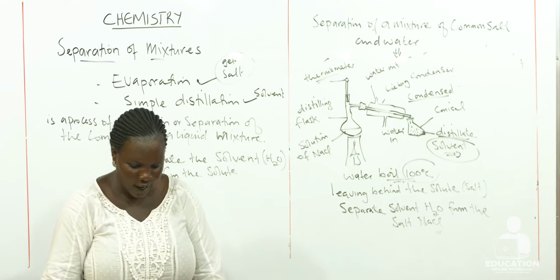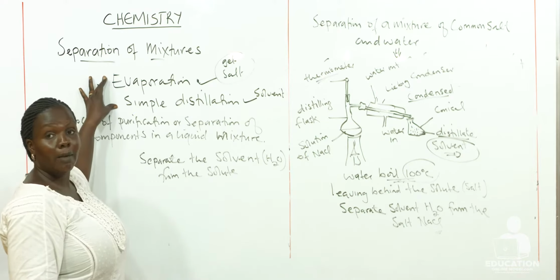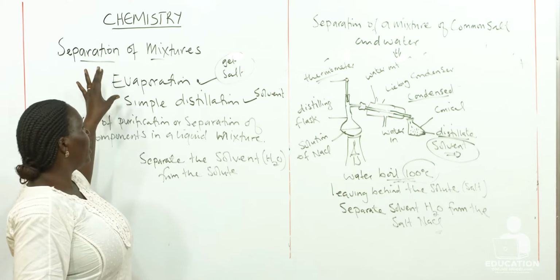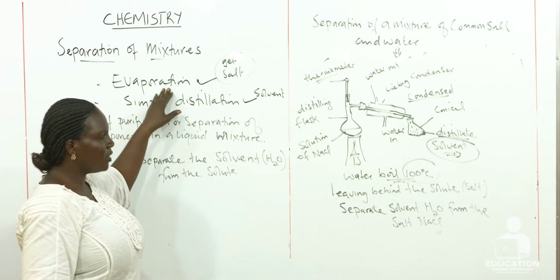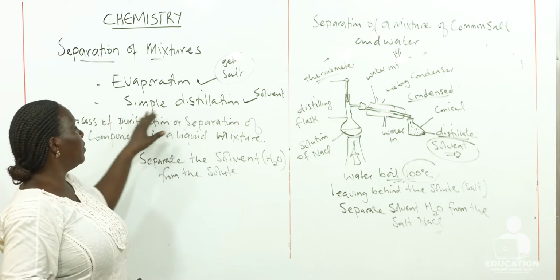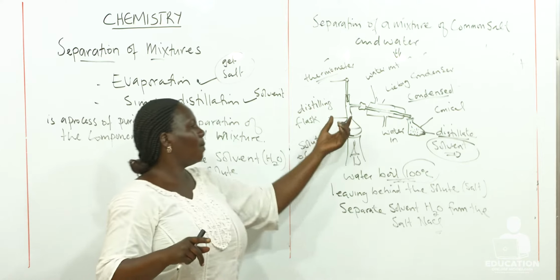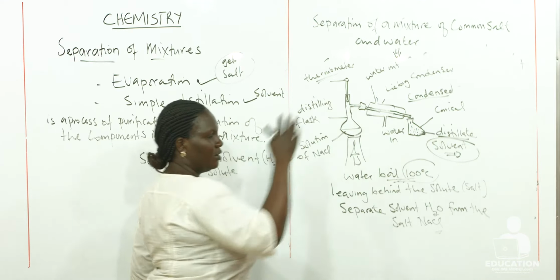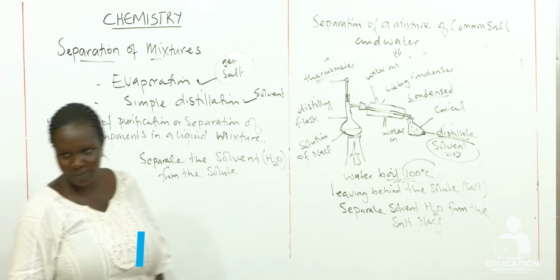So these are two different methods of separation of mixtures with two different aims. In evaporation, we need to get the solute, that is the salt. In simple distillation, we need the solvent. That's why the separation is done in a closed system so that water doesn't evaporate into the space.